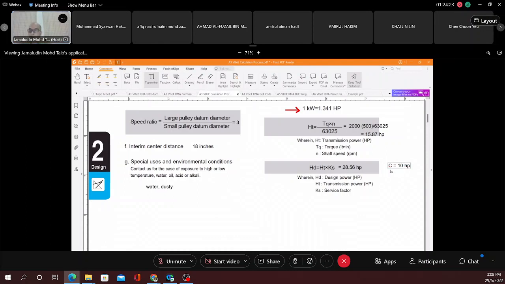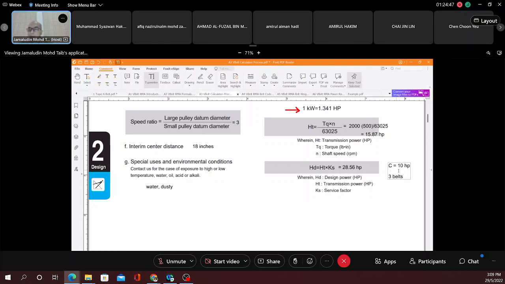That means we should have 3 belts, because the first one will take 10, the second 10, and the third the remaining 8.56. That means we're going to have 3 belts.